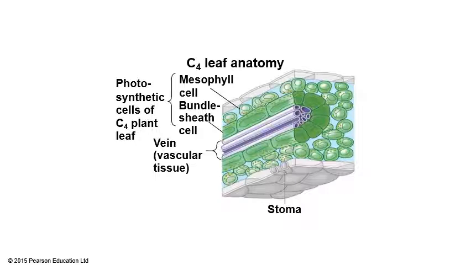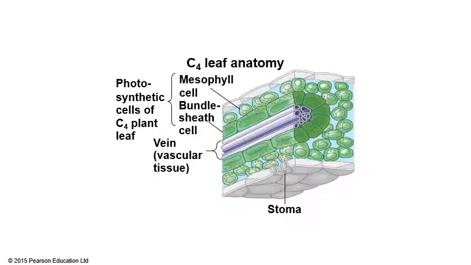That's the mesophyll. Through the mesophyll tissue inside the leaf, we can see the vein, vascular tissue to transport water and sugar. And surrounding the vein, we can see the bundle sheath cells, protecting the vein tissue.